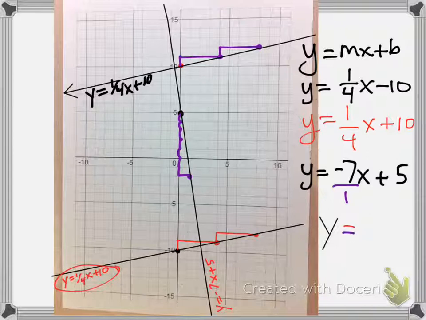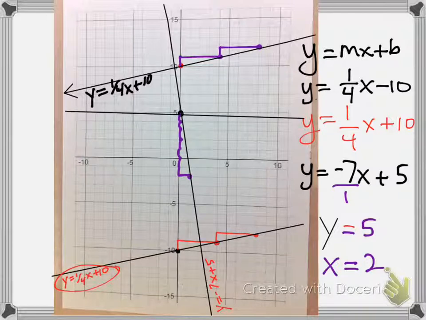I've got to have a couple horizontal and a couple vertical, so maybe I'll do y equals 5 and x equals 2 just to see. So y equals 5 is going to be right there. I'm going to label it y equals 5, crosses at 5.